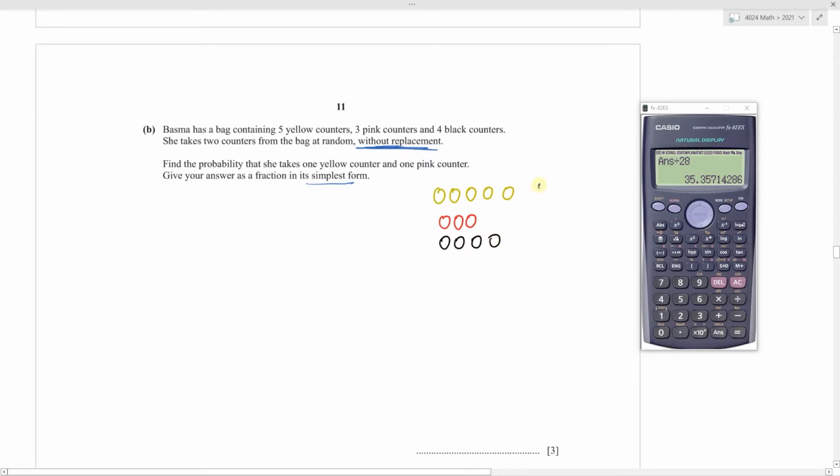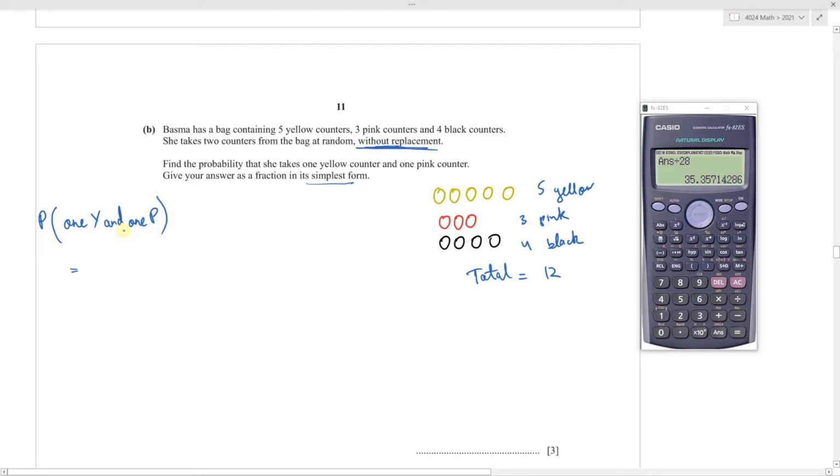So you have 5 yellow, 3 pink, 4 black, and total how many? 4, 3, 7, 7, 12. So you have 12 counters in total. So now you're looking for probability. She takes 1 yellow and 1 pink counter. So probability, 1 yellow represented by Y and 1 pink represented by P.